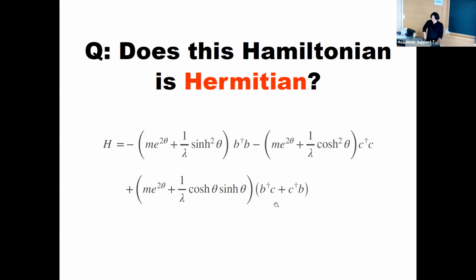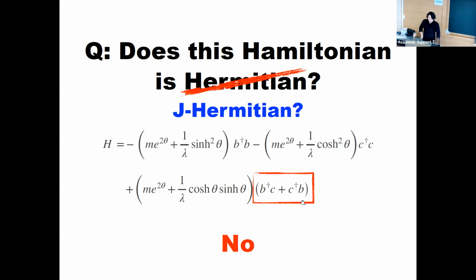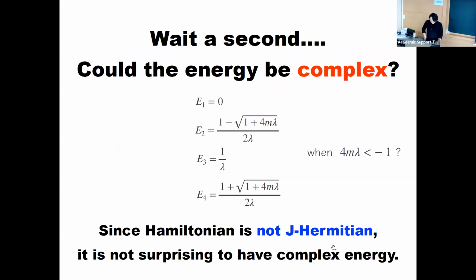But this term changes sign: it is Hermitian in the usual sense, but when J acts here, it flips the sign of C, so it's not J Hermitian because of this term. And then, since the Hamiltonian is not J Hermitian, it is not surprising to have complex energy.